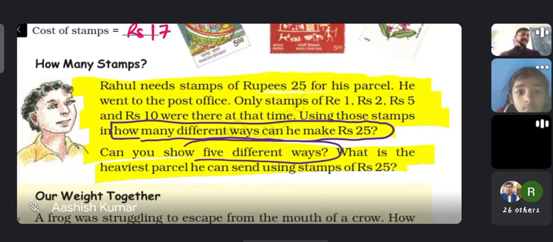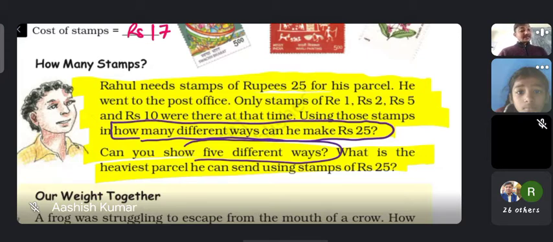The first one is, how many different ways can he make 25? You have to make a rupees 25 stamp. What are the ways? You have rupee 1.